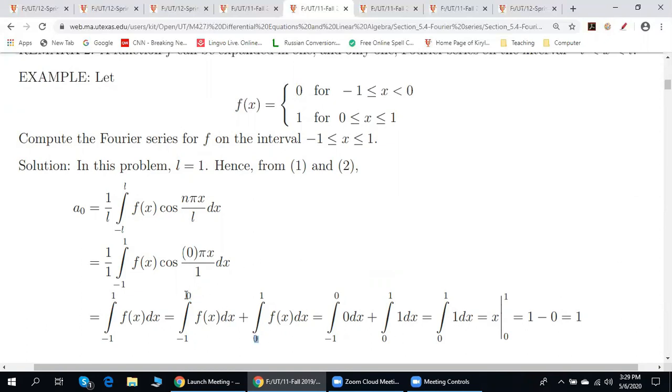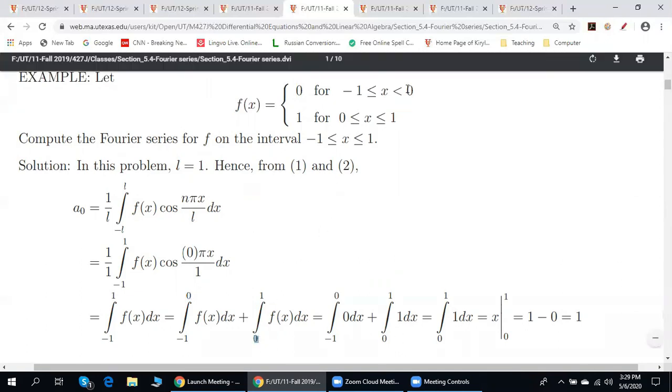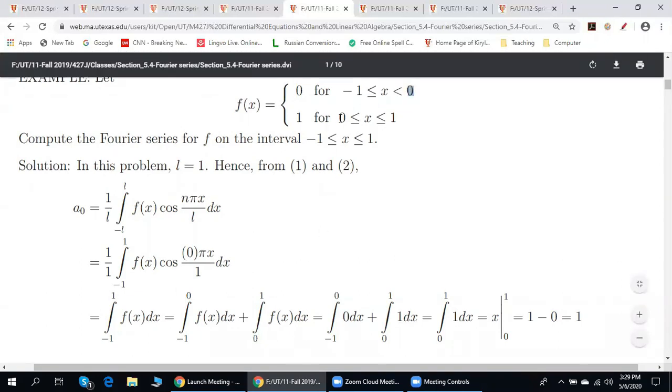For example, we can put here 1/2 and here 1/2, or here -1/3, here -1/3. But for our purposes, we put here 0 because over here 0 and over here 0.